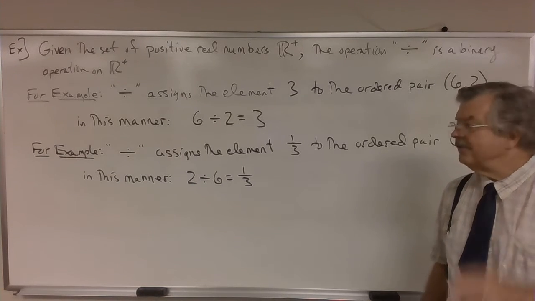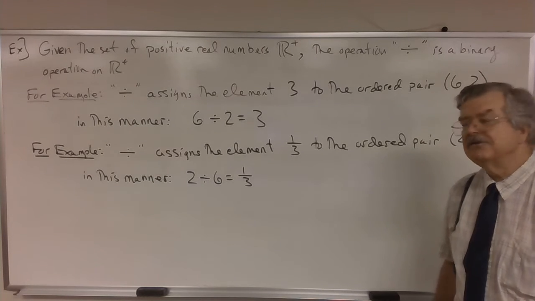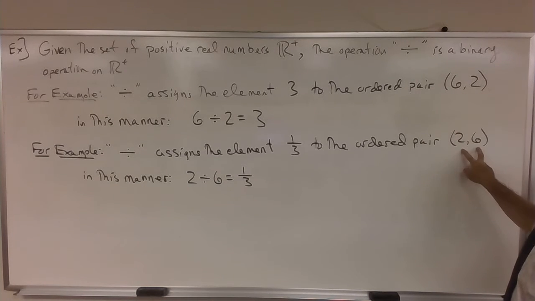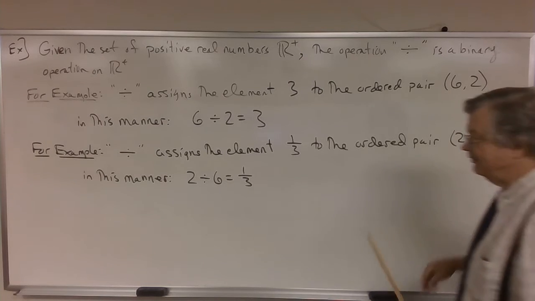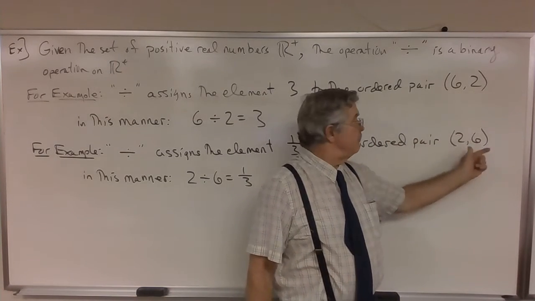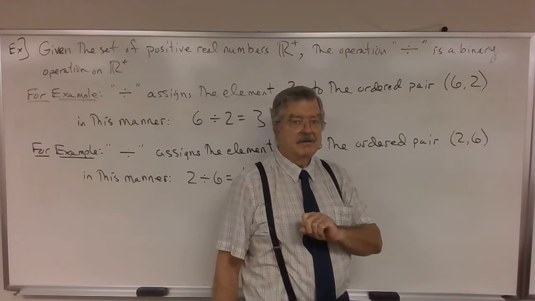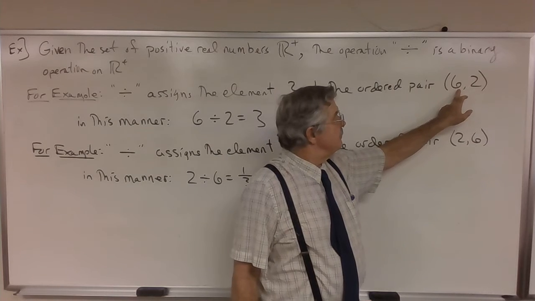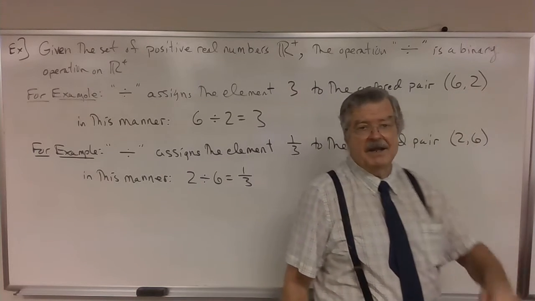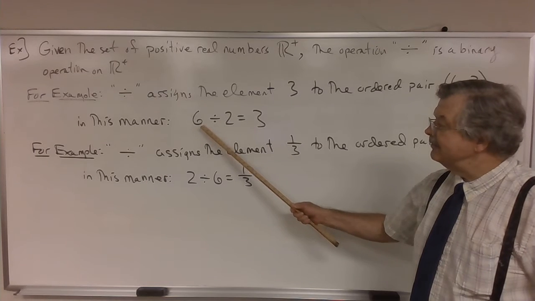Now this pair of examples is good because we're working with the same pair of elements in each case. In each case we have the same pair of elements, but the order is different. Here 6 is the first element and 2 is the second element, and the element 3 gets assigned to 6, 2.